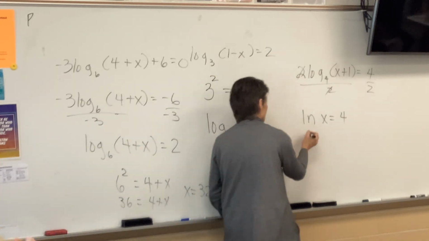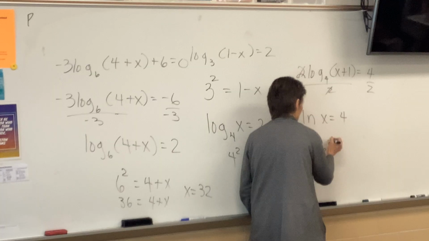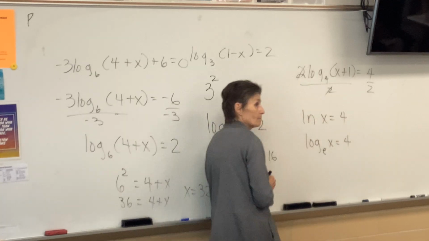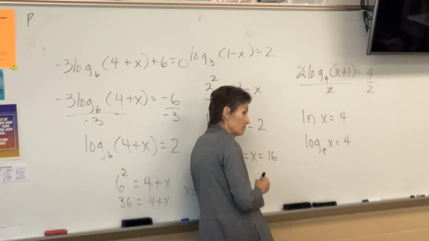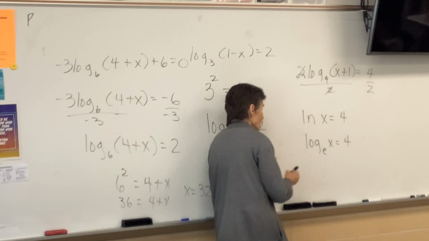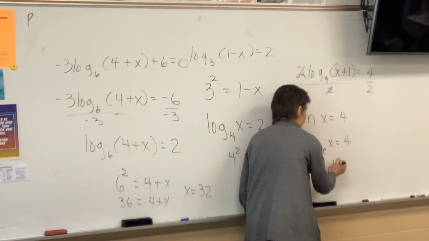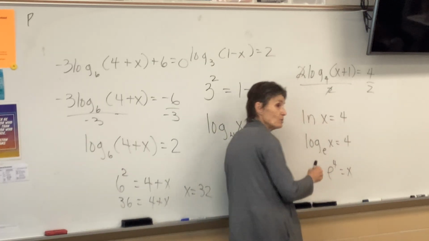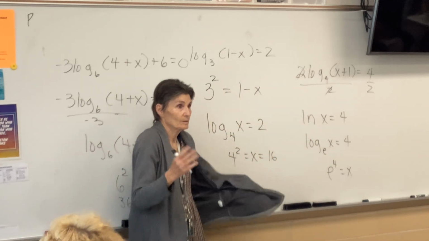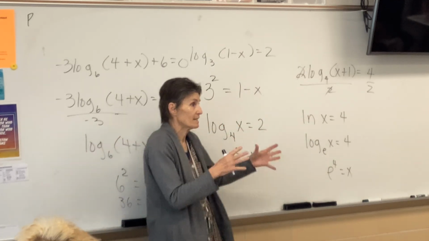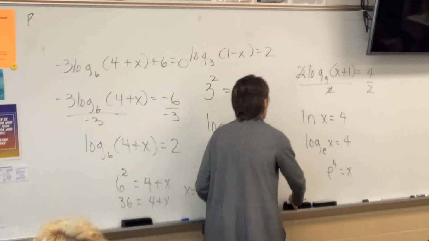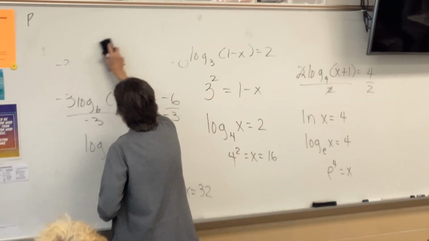It's log base e. We loop-de-loop, just like we do. And what's it going to say? e to the 4th equals x. And you're allowed to just stop there. You have a choice. You have a calculator, so that's it. That's the answer.